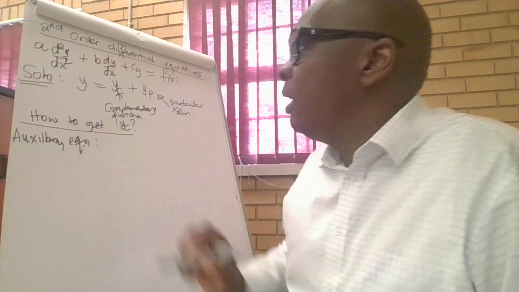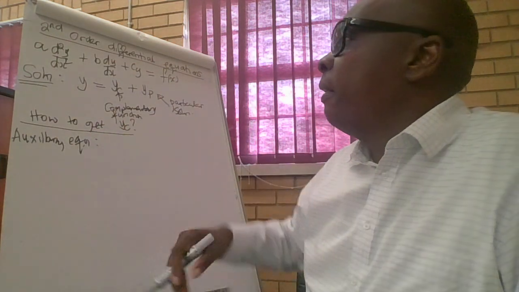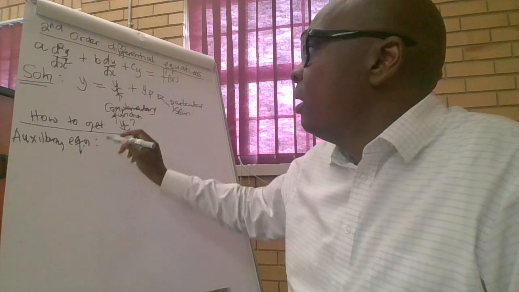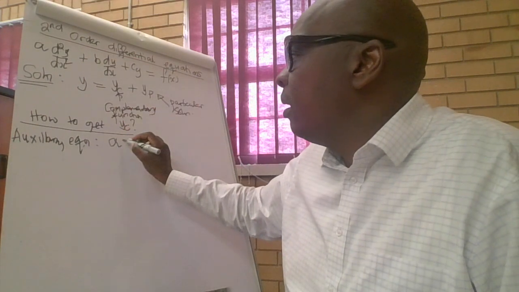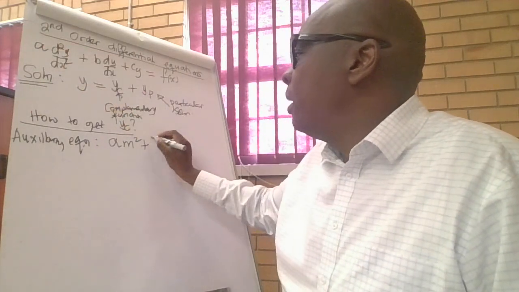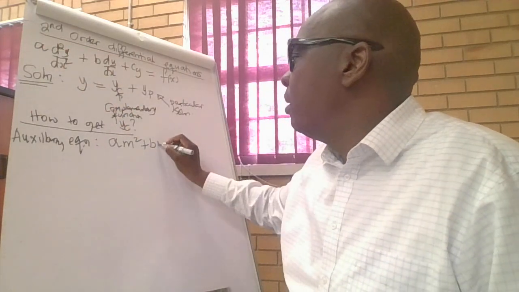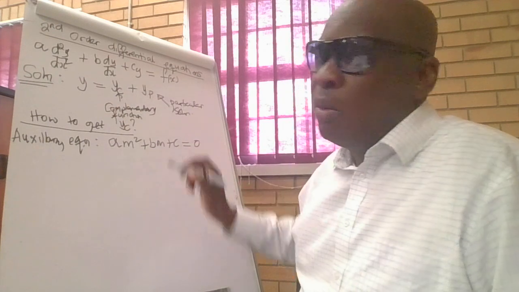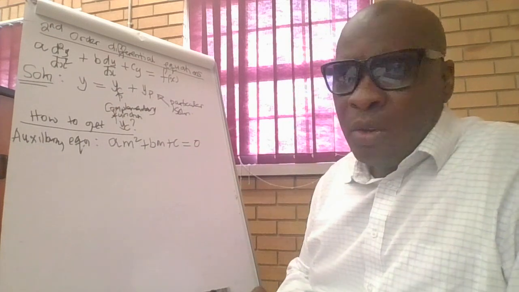If we let m equal dy/dx, it will be given by a m squared plus b m plus c, which is then equal to 0. And that is the auxiliary equation.